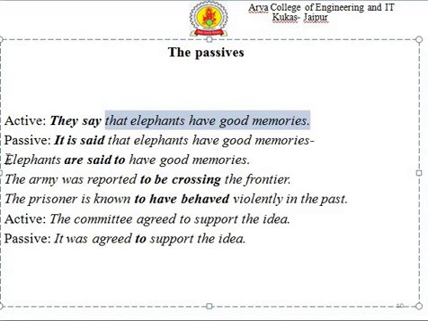Now the next examples we can see here. The army was reported to be crossing the frontier. The prisoner is known to have behaved violently. Now, the committee agreed to support the idea. It was agreed to support the idea.